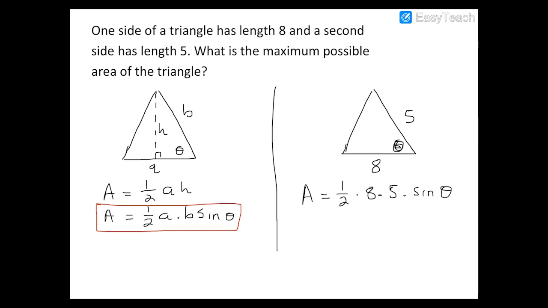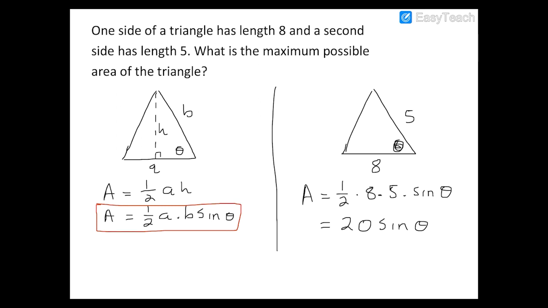From this equation here, A and B are the two given sides and theta is the angle between them. Now, if we simplify this further, we get half of 8, which is 4, multiplied by 5, we get 20. So we get 20 sine of theta.